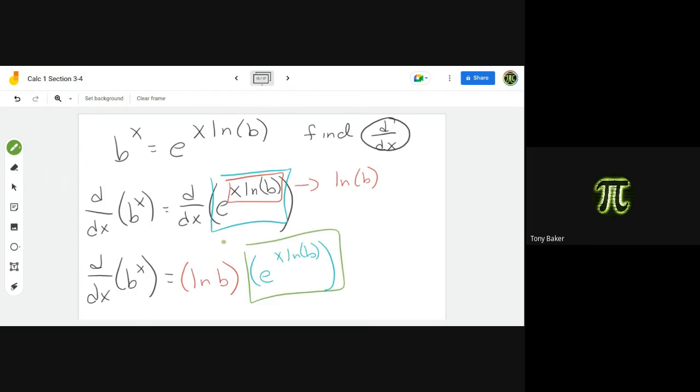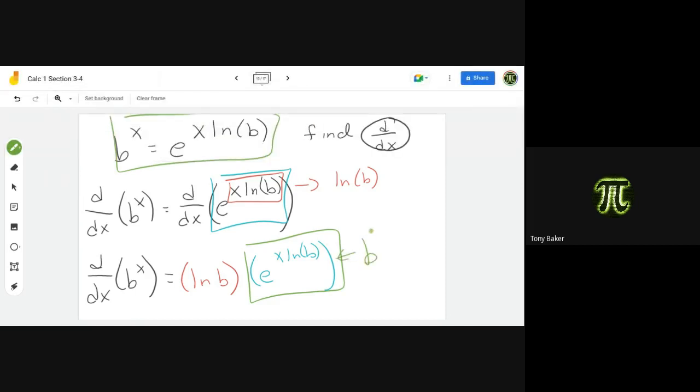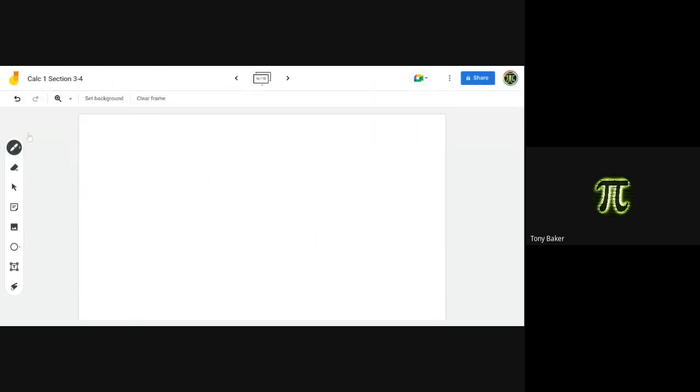What's that? On my screen somewhere, I have what that equals. That equals b to the x, right? Okay. So that can be replaced with just b to the x. So my derivative of b to the x is ln of b times b to the x.